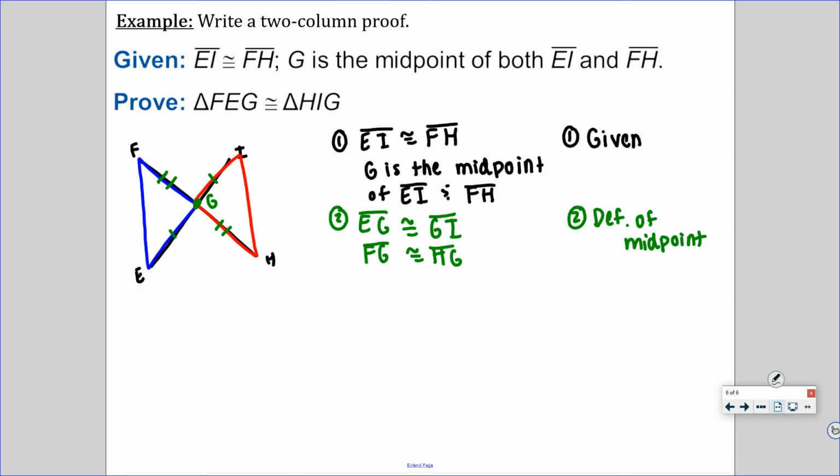All right, so look, I have two sides. So I have to decide, can I somehow show the other two sides are congruent, or can I show the included angles congruent here? Jessa? You can show that IGH is congruent to EGF, vertical angles. Nice, perfect. Angle IGH, you said that beautifully, is congruent to EGF, vertical angle theorem.